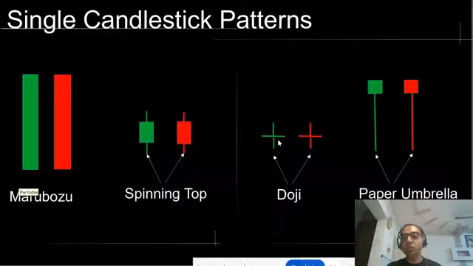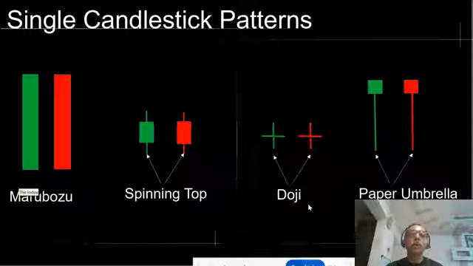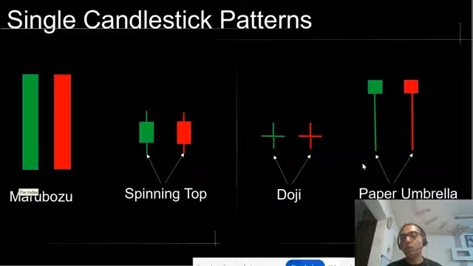So there is an indecisiveness. The price is in equilibrium, in simple terms. It really doesn't matter what the color of the doji is, because the body is usually very small or non-existent. A doji candle means the price would either continue the trend or reverse. So there is a 50-50 chance with the doji pattern.